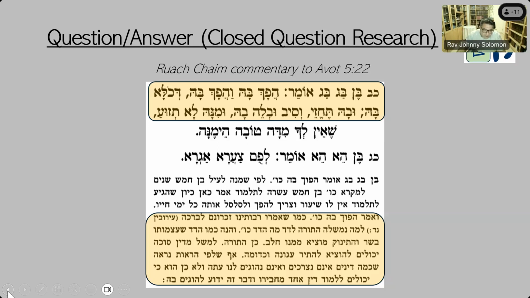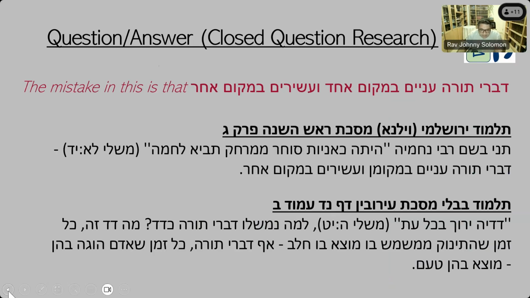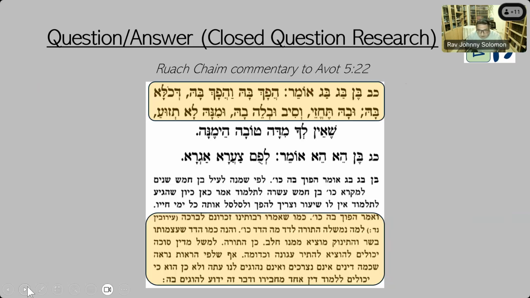Now, what has this got to do with the topic of how to design and deliver a shiur? Exactly the point that I mentioned here with respect to the Yerushalmi. Divrei Torah ani b'makom echad v'ashir b'makom acher. If you are giving a shiur about Egla Arufa, I wouldn't necessarily expect you to be quoting from a commentary on an essay about Hilchot Shofar.